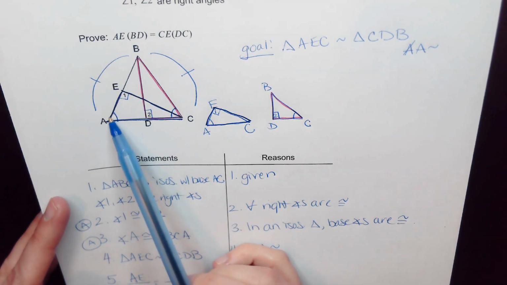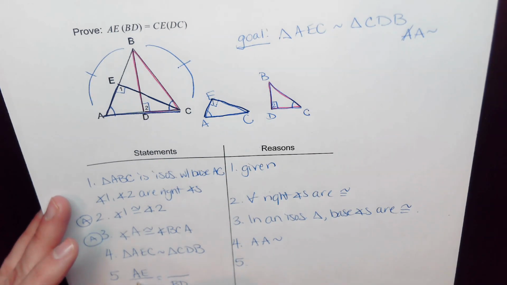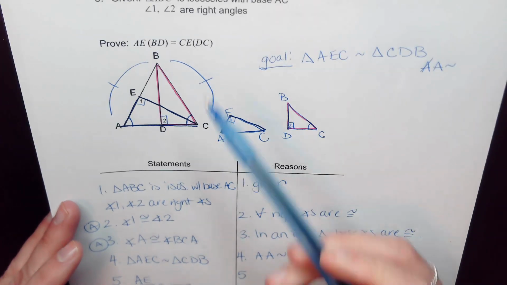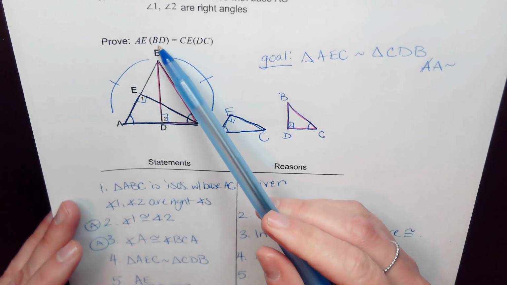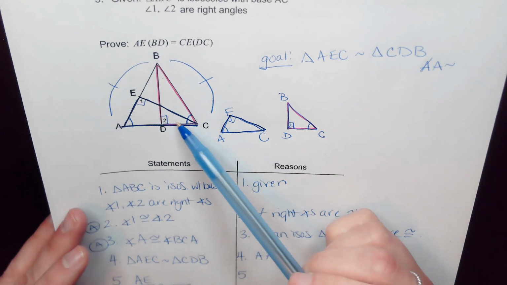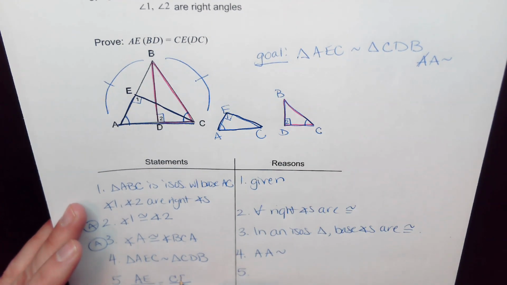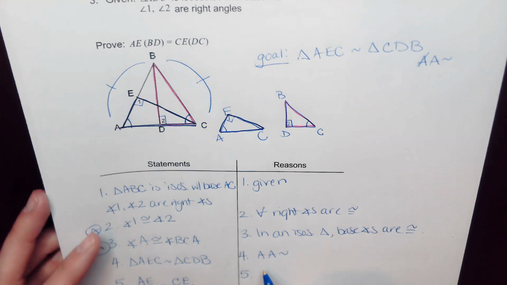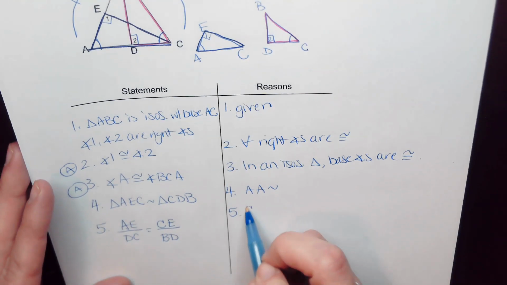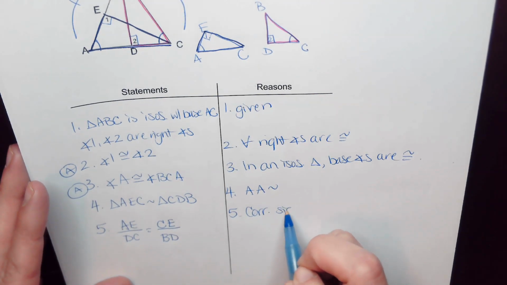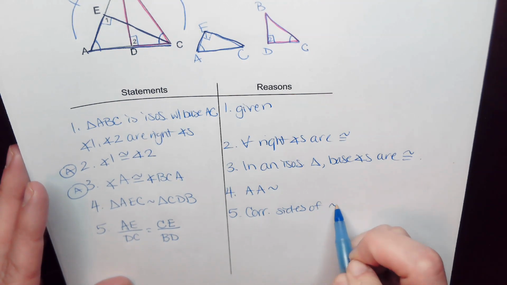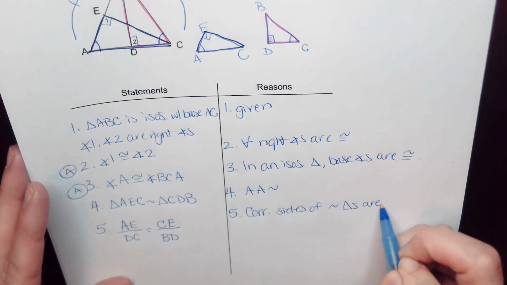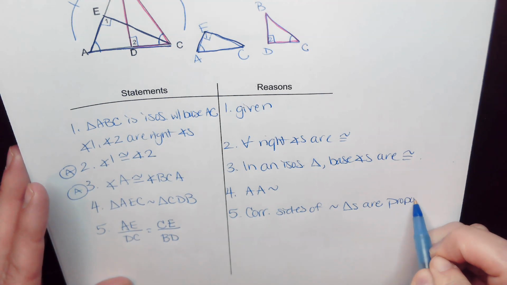So AE looks like it's going to correspond to DC, so I'm going to put that over DC. And BD corresponds to EC or CE, so I'm going to put that over here. And the reason you should have there is corresponding sides of similar triangles are proportional.